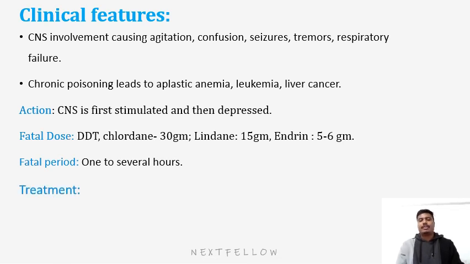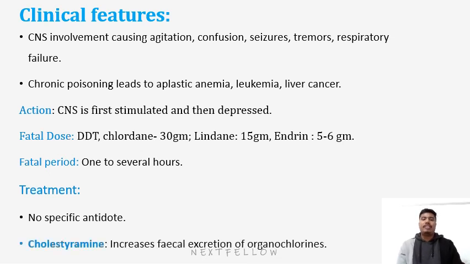The treatment is the basic general principles of management of poisoning, which we have already learned. There is no specific antidote for organochlorines. Cholestyramine, which is a non-absorbable bile acid binding anion exchange resin, increases fecal excretion of organochlorines, so it is useful in this.